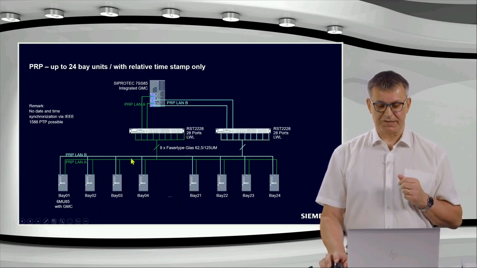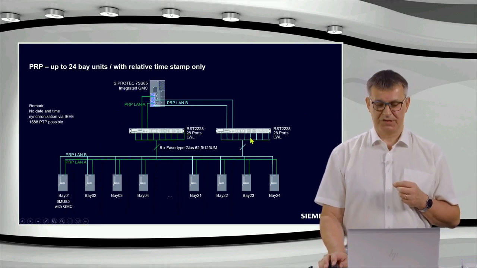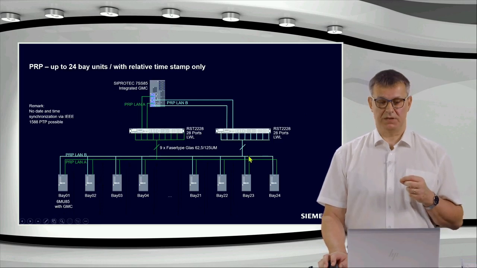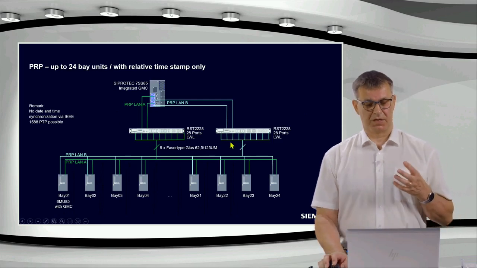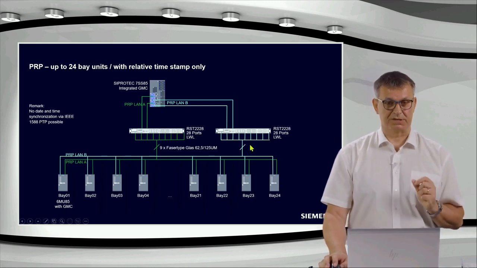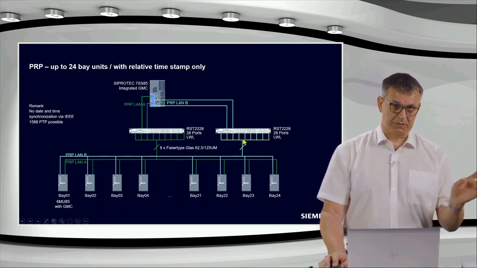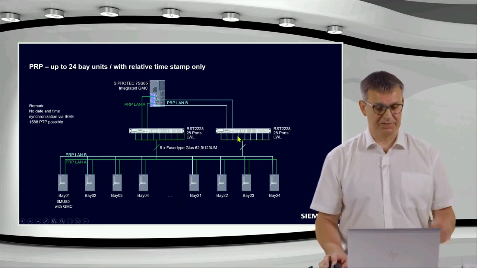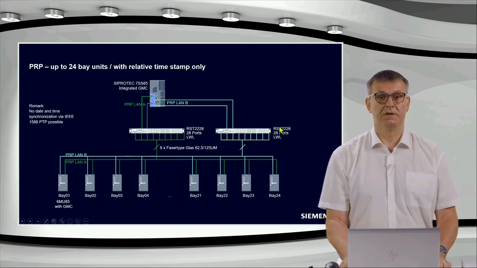And the rest is the same. We have 2 RST switches, one for LAN A, the second for LAN B, and all BT modules must be connected to both LANs. And once again, of course, no date and time synchronization via IEEE 1588 is possible.